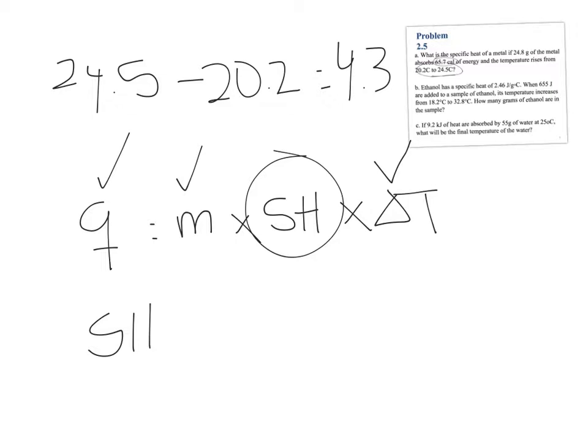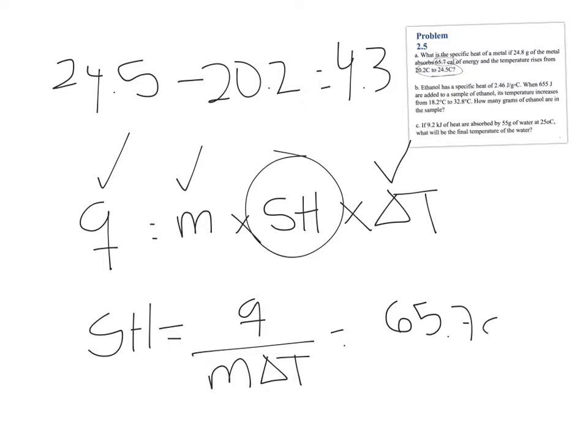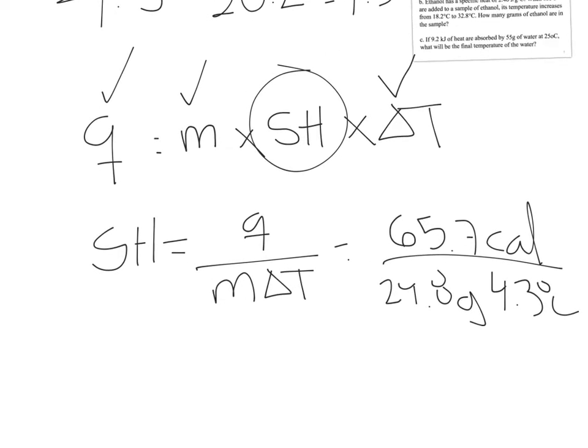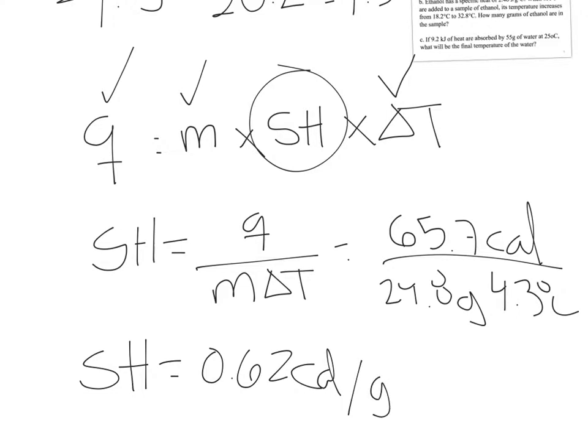Specific heat is going to be Q over mass times delta T. We substitute here, Q is 65.7 calories over the mass, which is 24.8 grams, times delta T, 4.3 Celsius. And then we do the calculations, and we get that the specific heat capacity is equal to 0.62 calories over grams per Celsius.